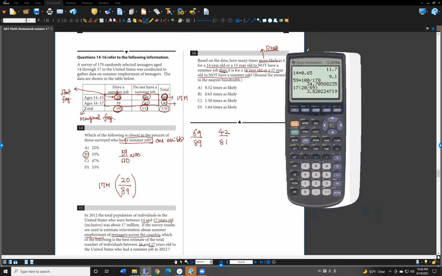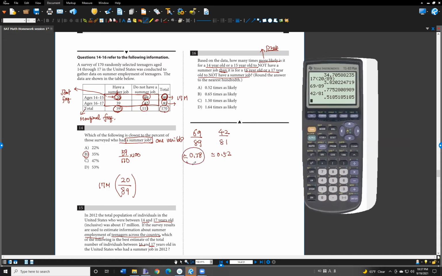Okay, what happened to their probability? So 69 over 89 equals how much? This is 0.78, 775. The other one is 42 divided by 81 equals 0.52 approximately. Okay, that's the probability. This is how many times of this probability, isn't it?